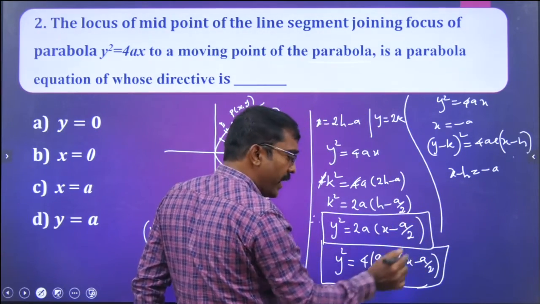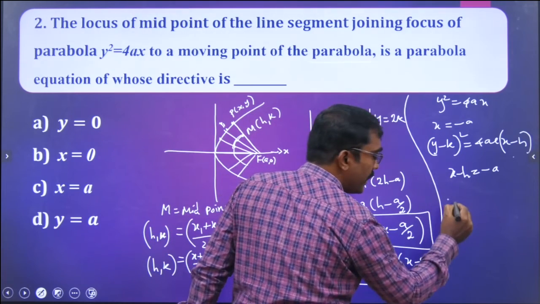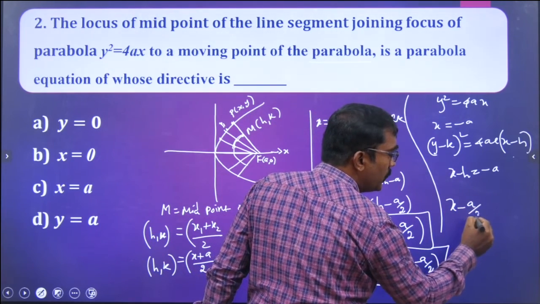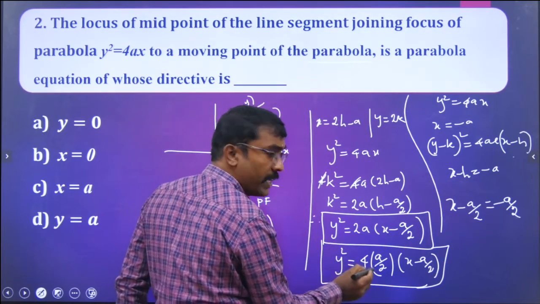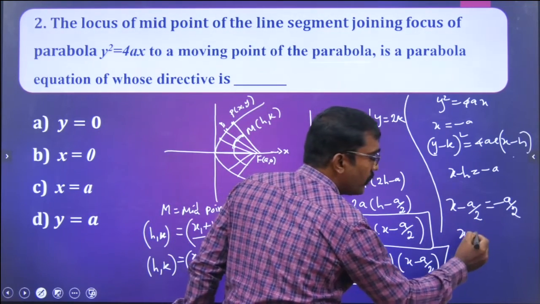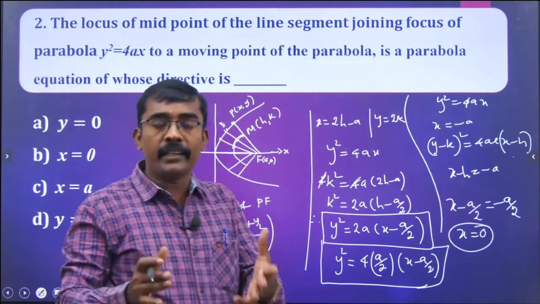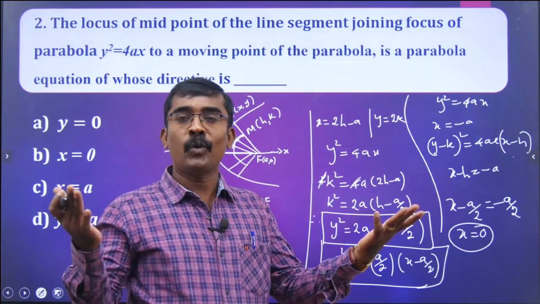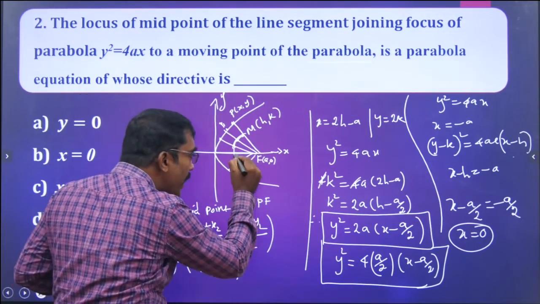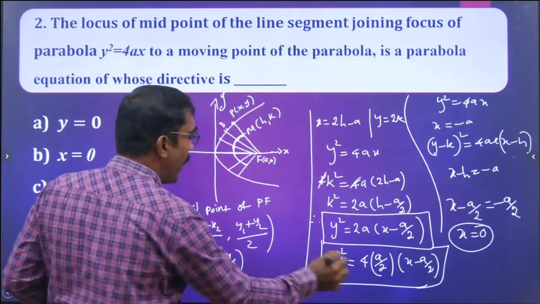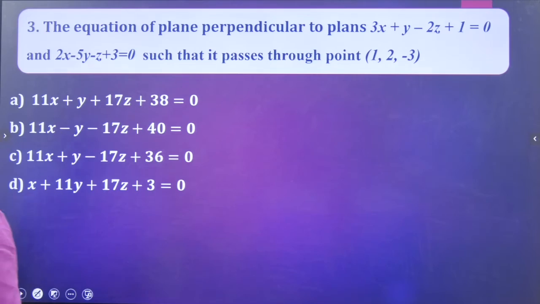By this method, for this parabola, x minus a by 2 equal to minus a by 2, where a is replaced by a by 2. Therefore, x equal to 0 is the required answer, which is the y axis. So the directrix of this small parabola is the y axis. That's it. Therefore, the option is x equal to 0. Option B is correct. Third sum.